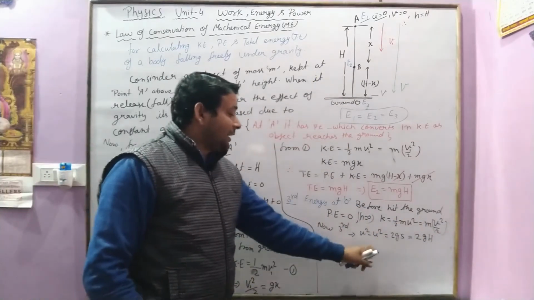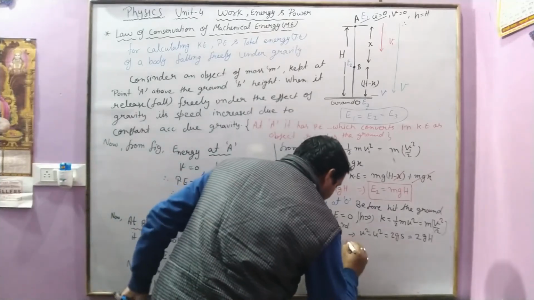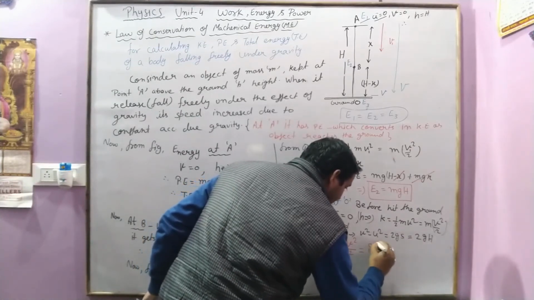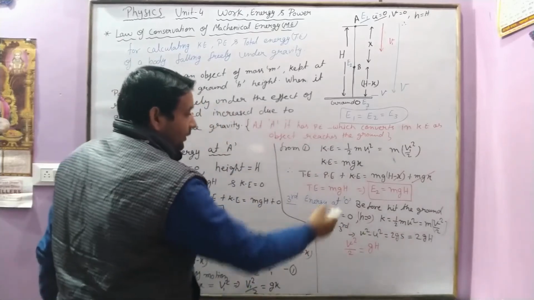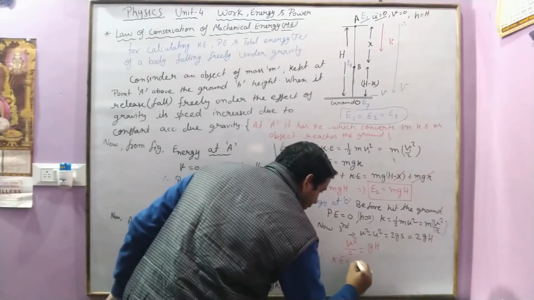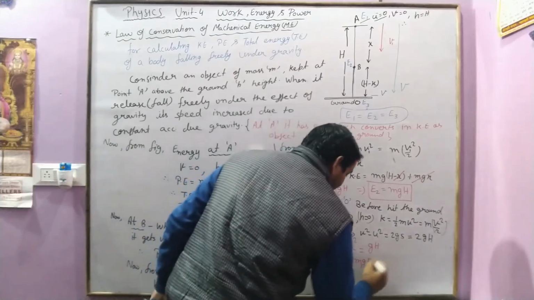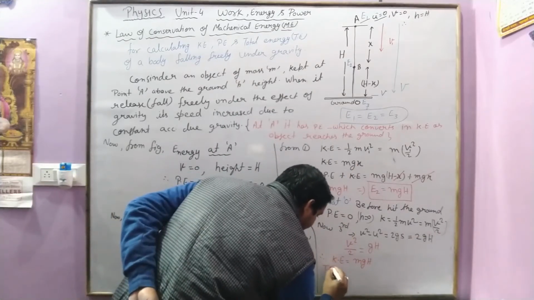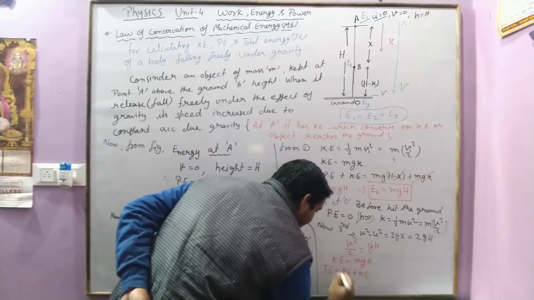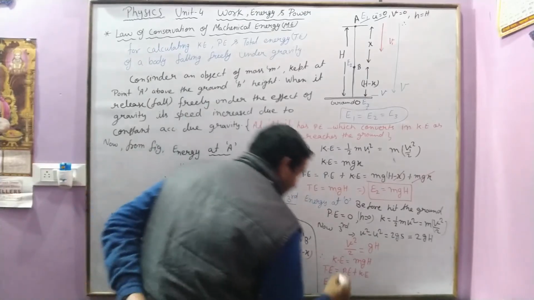Okay, and initial velocity is 0, therefore v square by 2 is equal to gh. Okay, therefore the kinetic energy is equal to mgh.